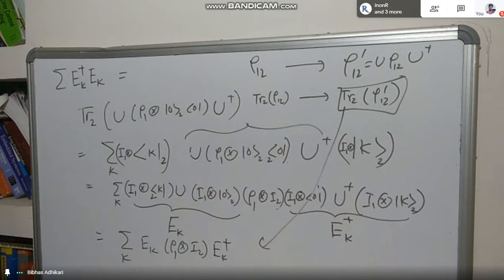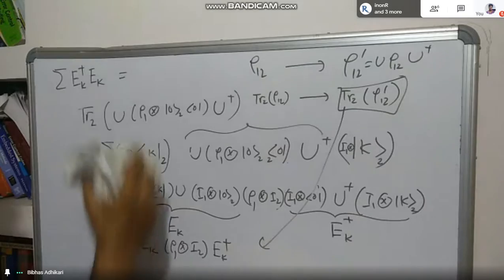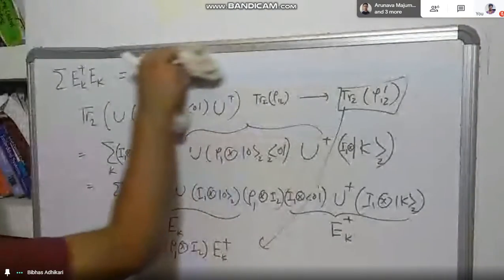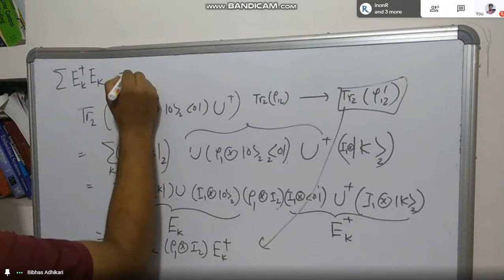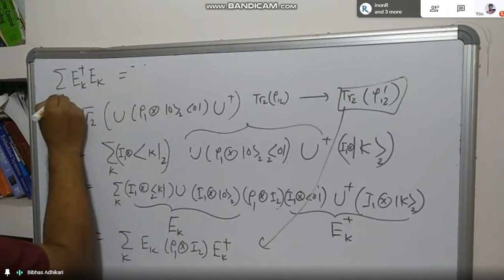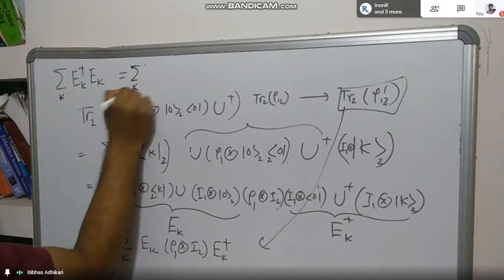Anybody? Okay, let me compute this. Can you hear me? Yes, sir. So E_k plus is this one, right? So this is a sum over k, obviously.